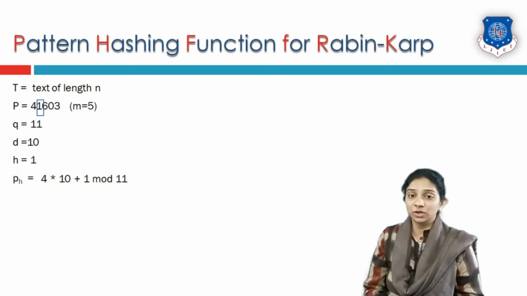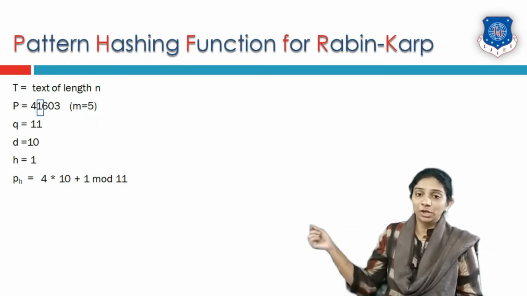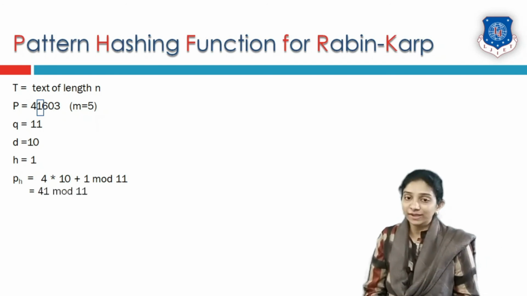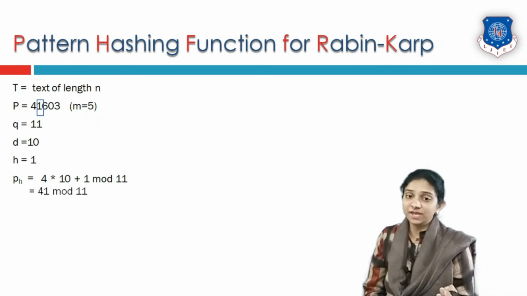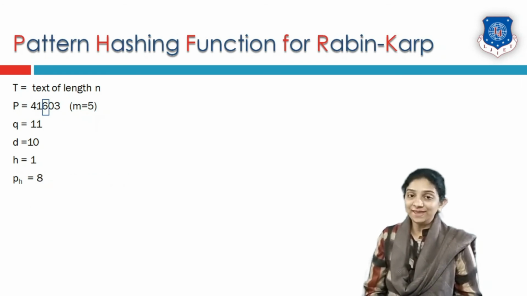Here D is equal to 10. So we write 4 into 10 plus 1 modulo 11, that is 41 modulo 11. The largest value I can subtract from 41 is 33. So 11 threes are 33 and the remainder will be 8. So my hash value of P is 8 up to this point.